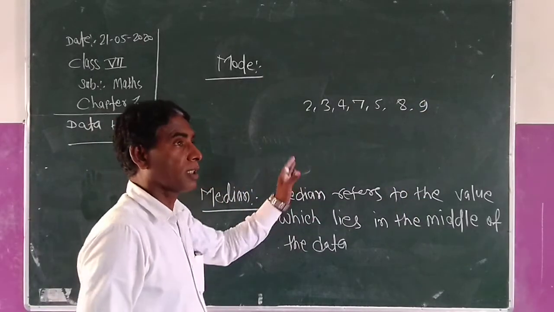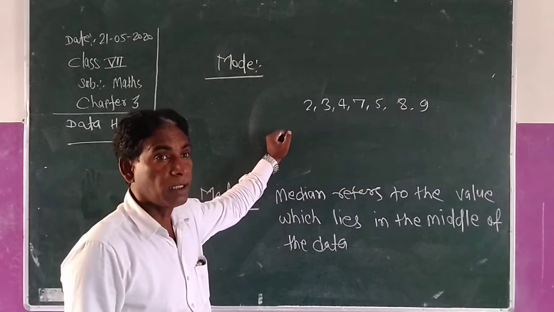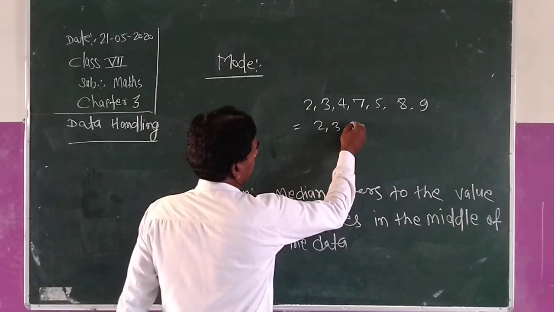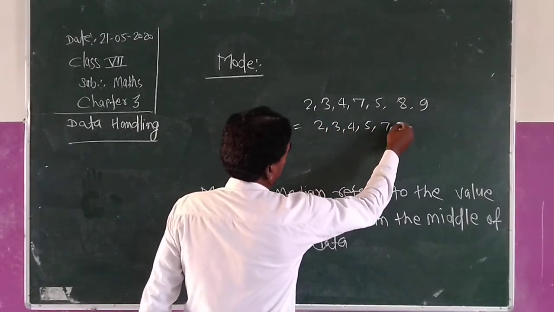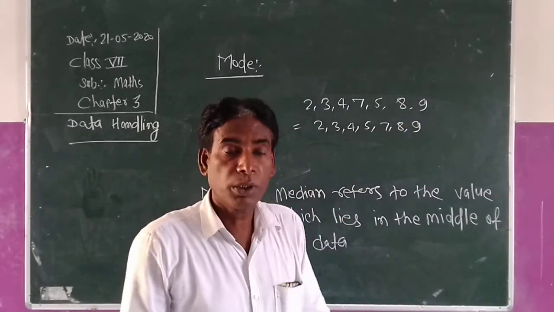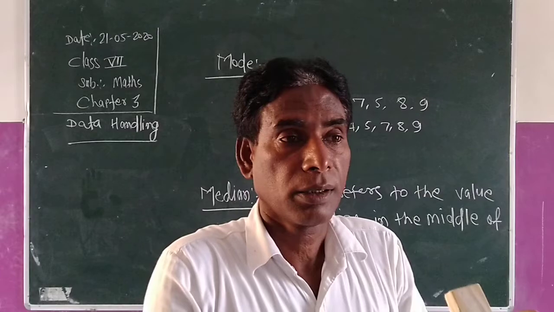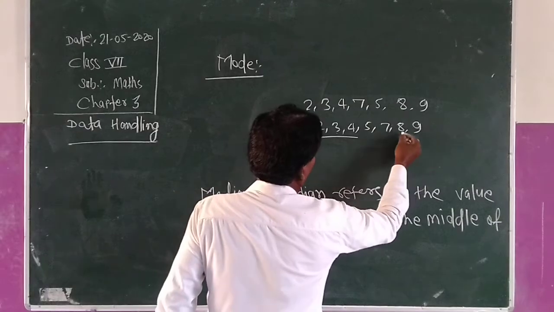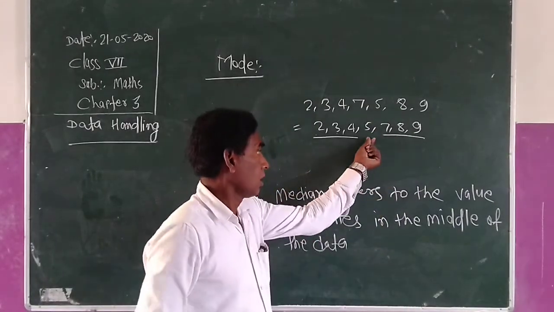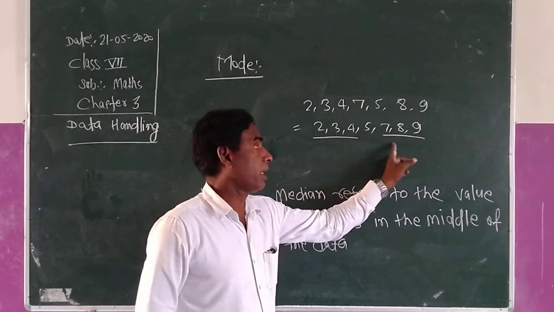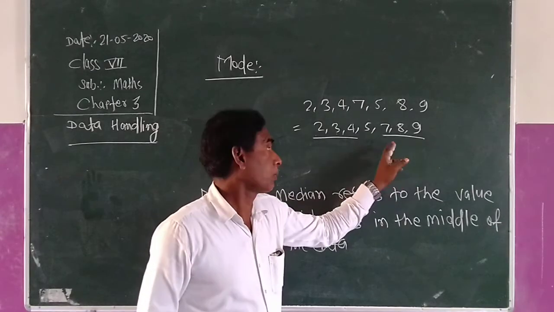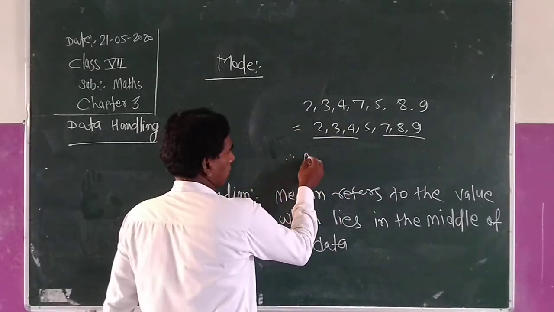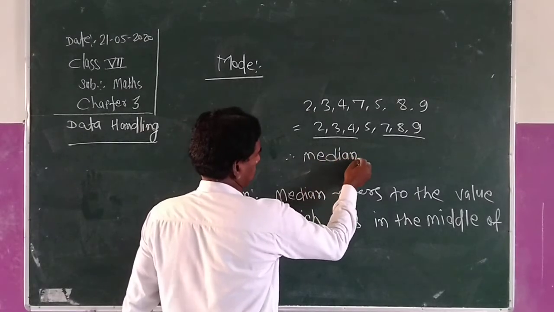You first arrange the given data in ascending or descending order, meaning 2, 3, 4, 5, 7, 8, 9. Then you divide the given data in half: 1, 2, 3 and 1, 2, 3. We see that the middle value of the given data is 5. Therefore, the median of the given data is 5.